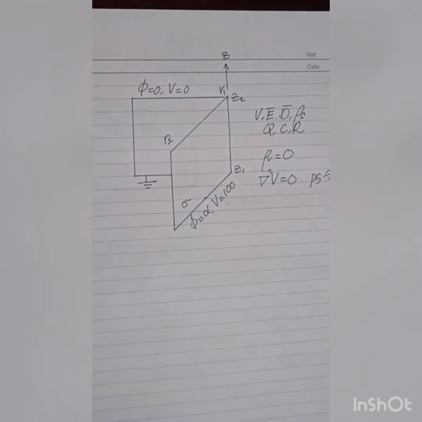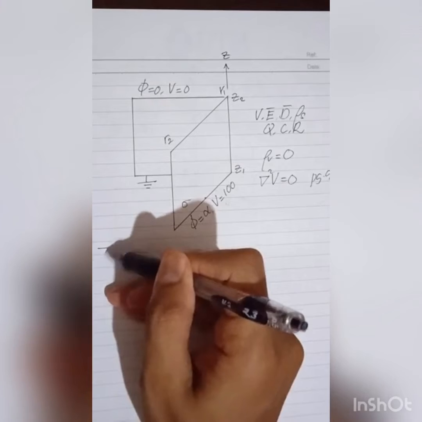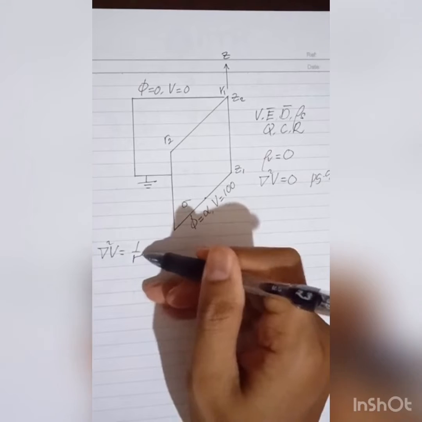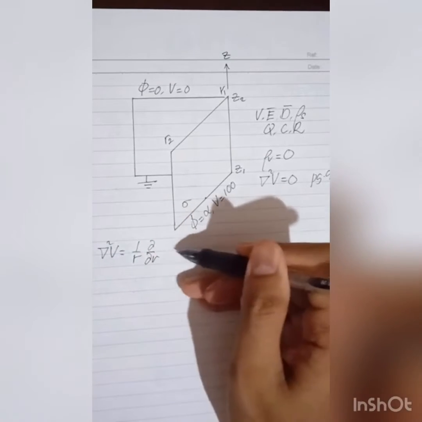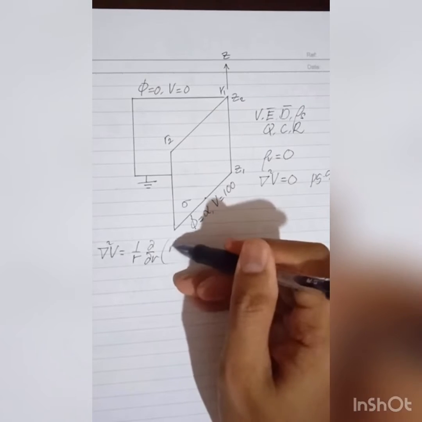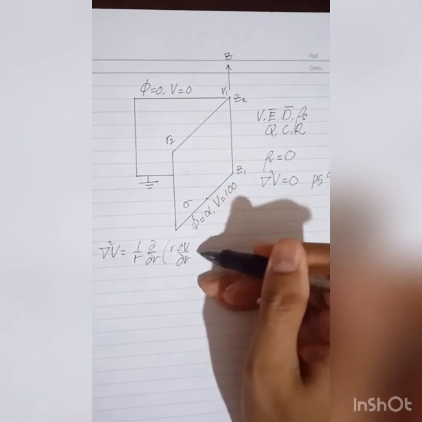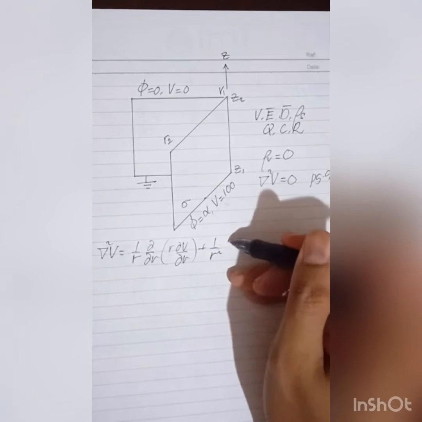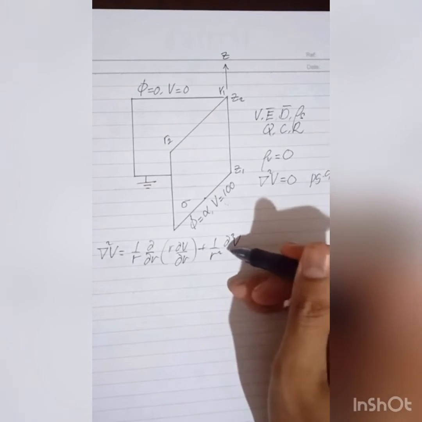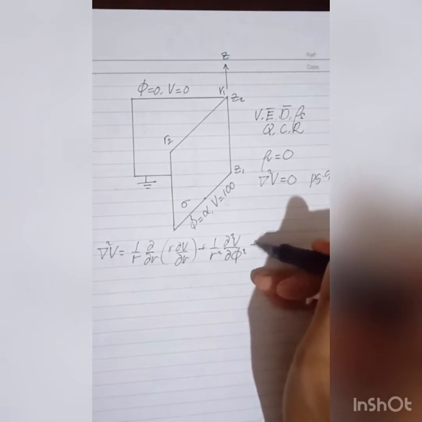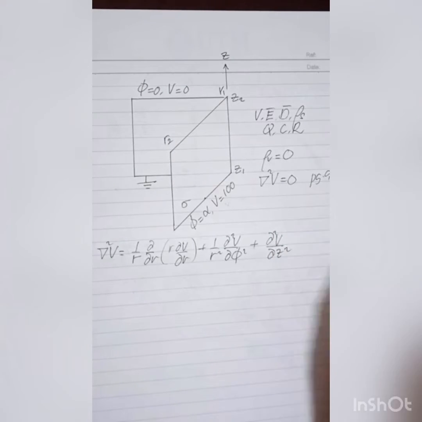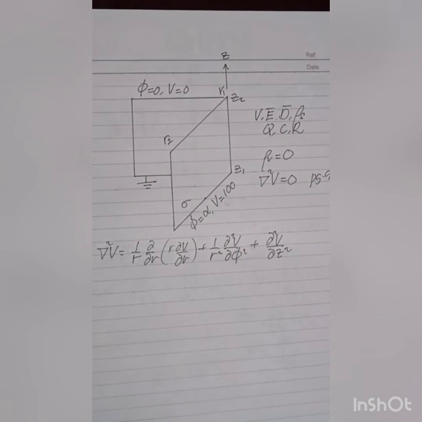If you look at the expression of the Laplacian, the Laplacian of V is equal to 1 over R d over dR of R dV over dR, plus 1 over R squared d squared V over d phi squared, plus d squared V over dZ squared. This is the full expression of the Laplacian operator for the cylindrical case.